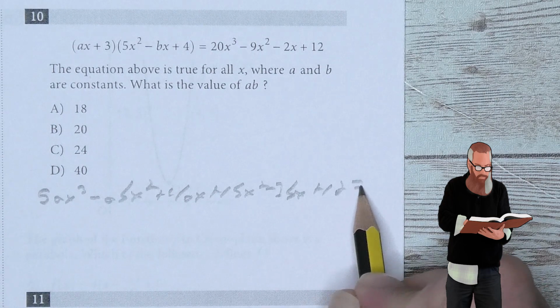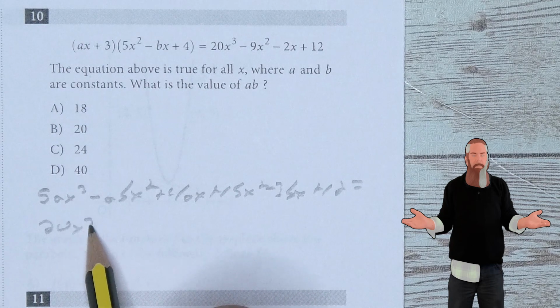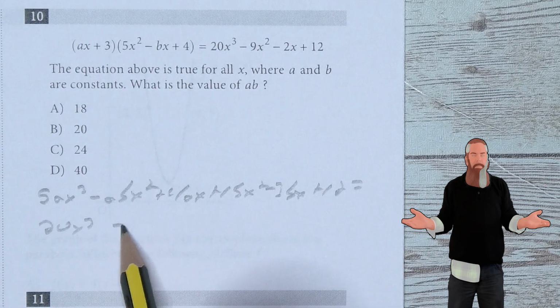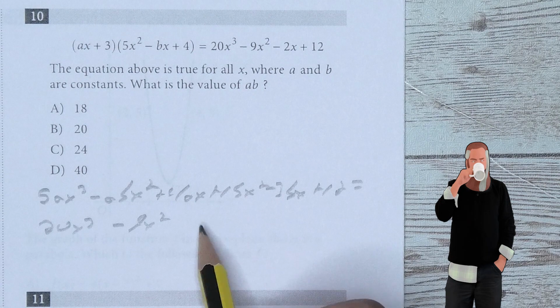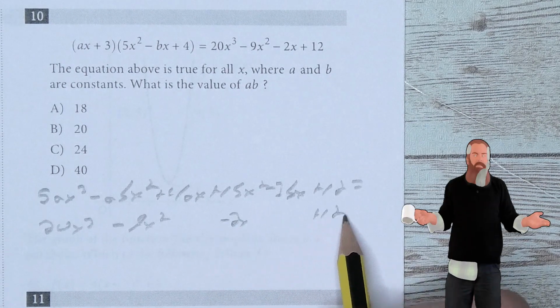This is going to be equal to the right side of the equation, where we would get 20x cubed minus 9x squared minus 2x plus 12.